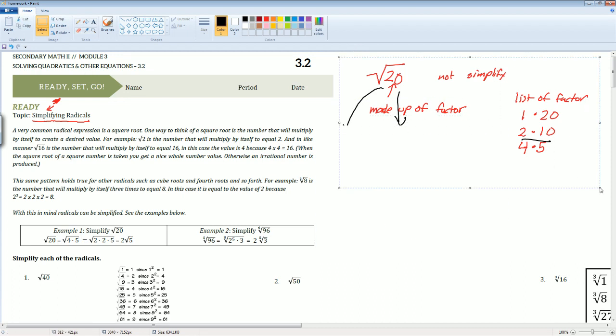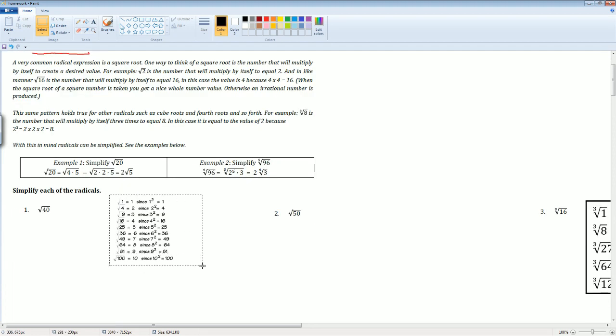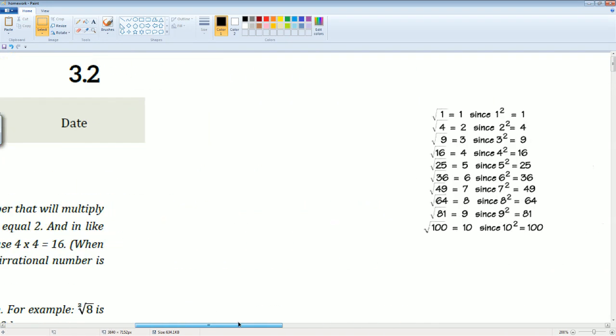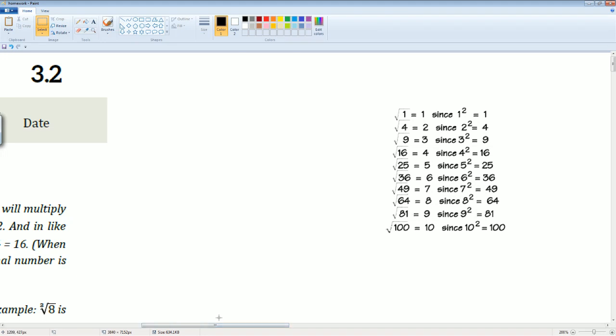Here I have my list of perfect square roots, and we are going to break down or simplify radical 20.